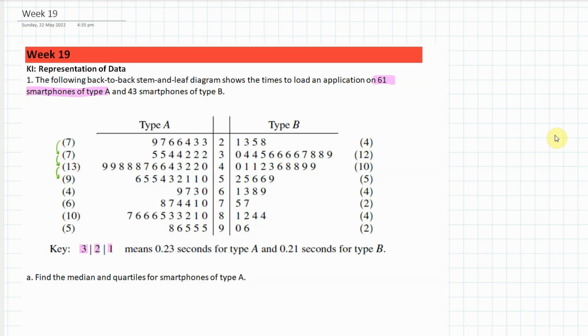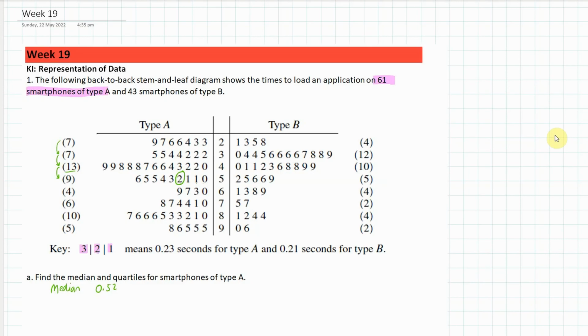So it's going to be in there. We'll start from 27 here, and then go 28, 29, 30, 31. So I think this one here is our median. So the median for the type A smartphone is 0.52 seconds.